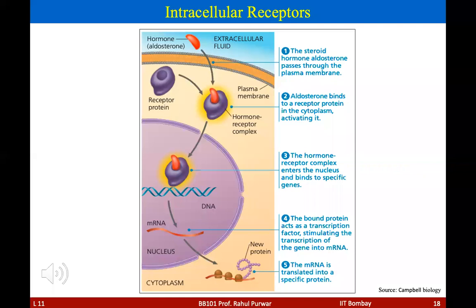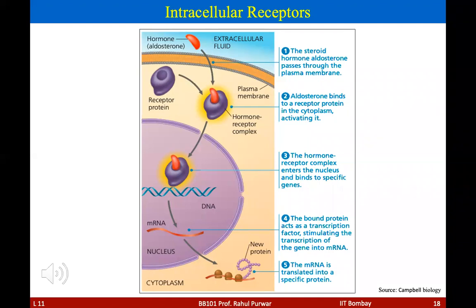Next, it binds to its receptor protein in the cytoplasm and activates it. And this hormone receptor complex then enters the nucleus and binds to specific genes. Here, binding of this receptor hormone complex induces transcription, different transcription factors, and ultimately induces the cellular response by inducing protein expression.